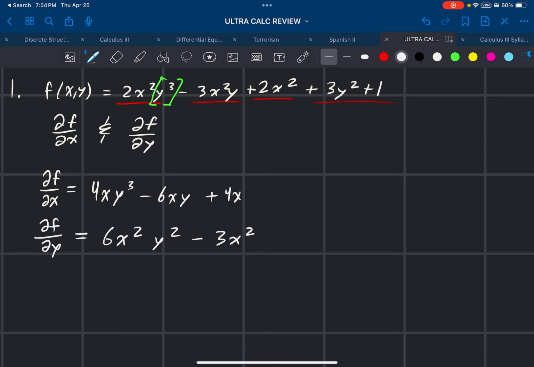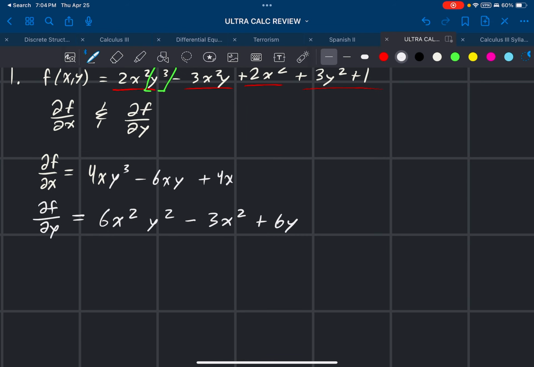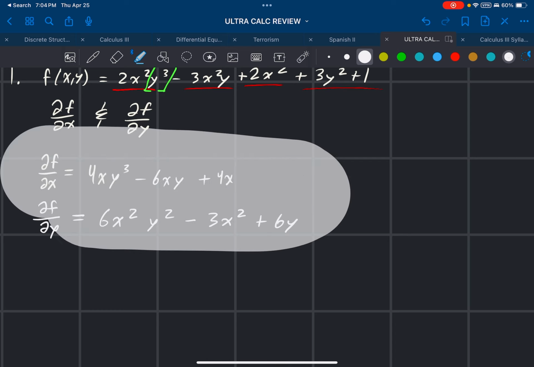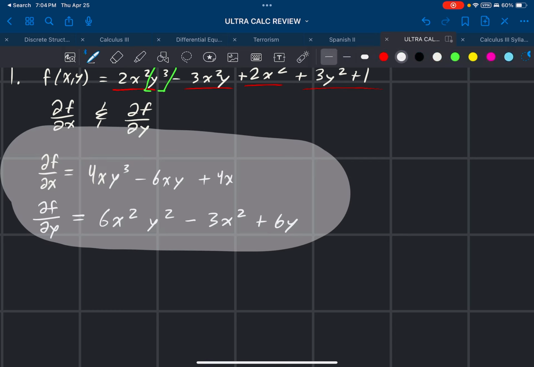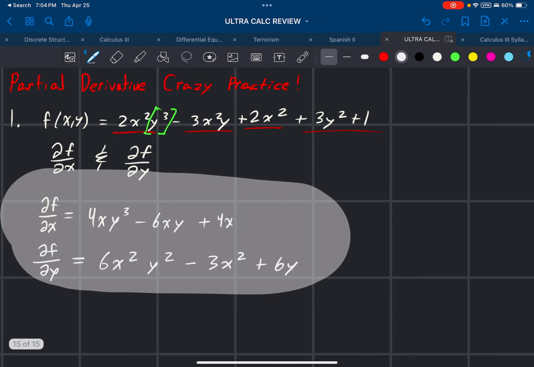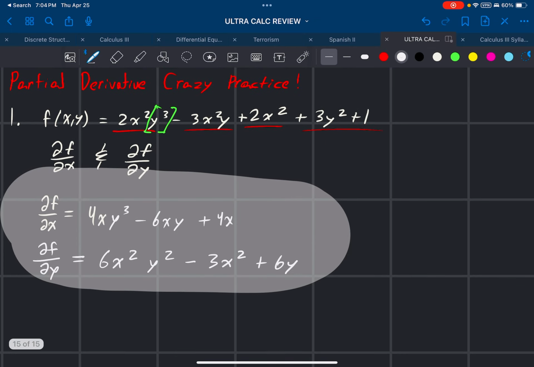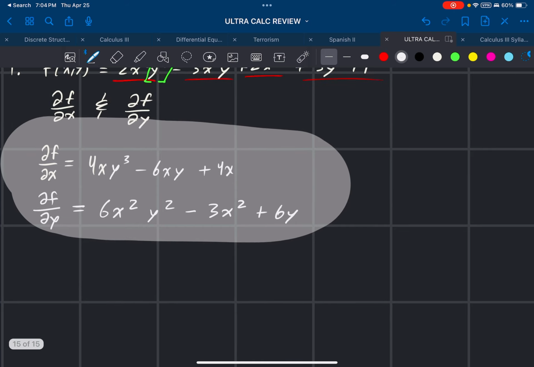And then for this middle one right here, there's no y, so that goes away. And then we get 6y, and then the 1 is irrelevant, a partial derivative of a constant. Okay, so these are the first two answers, the partial derivative with respect to x and the partial derivative with respect to y for this problem.